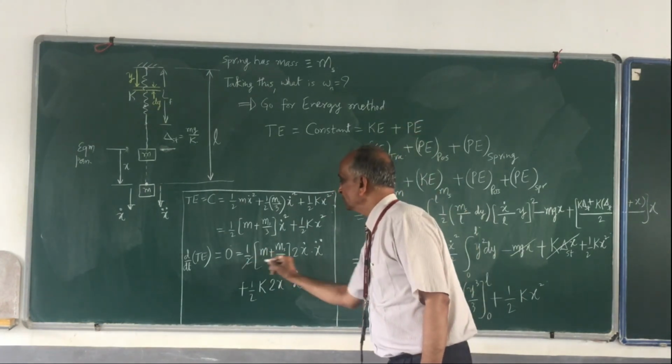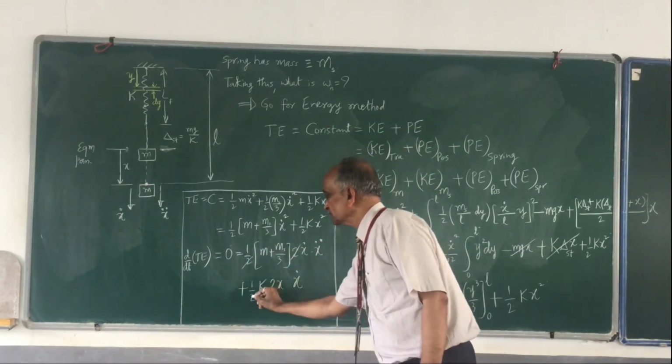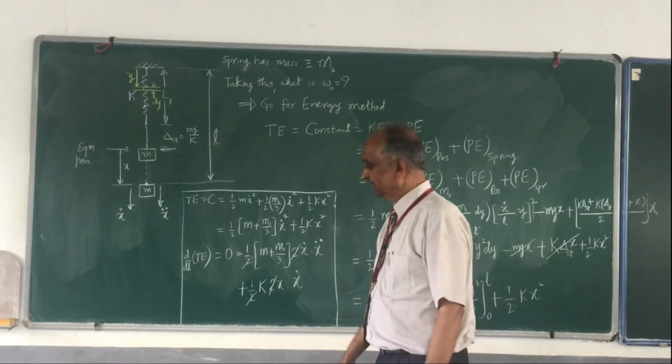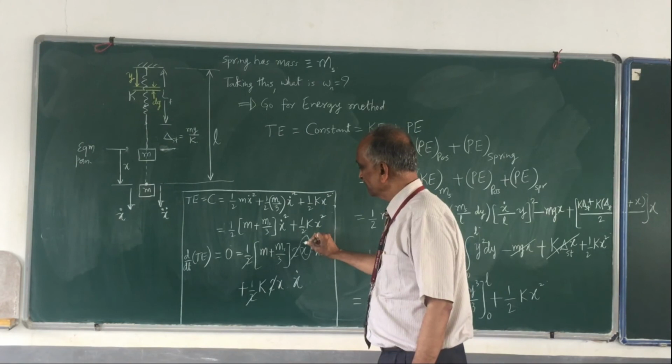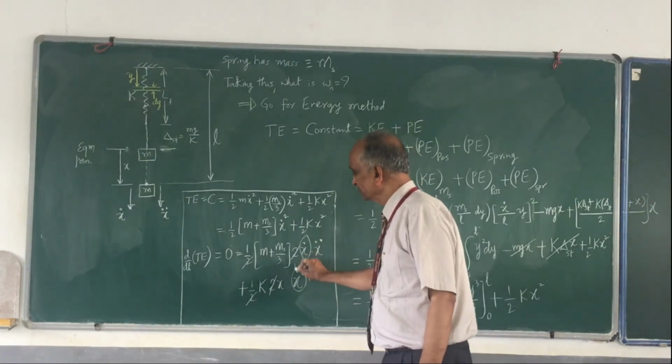This 2 and this 2 cancel. Divide throughout by x dot.